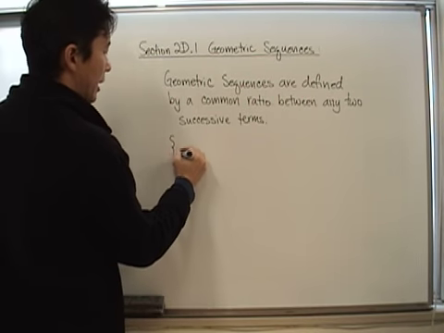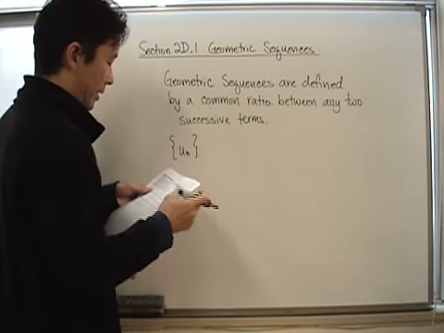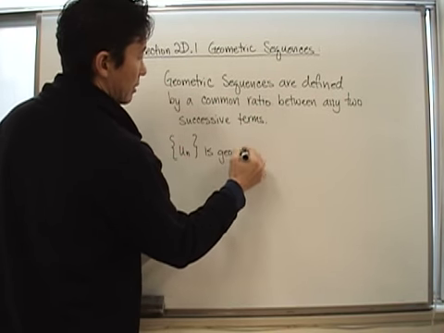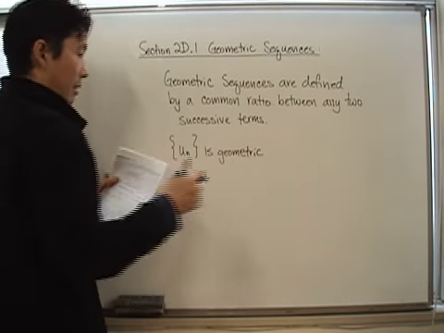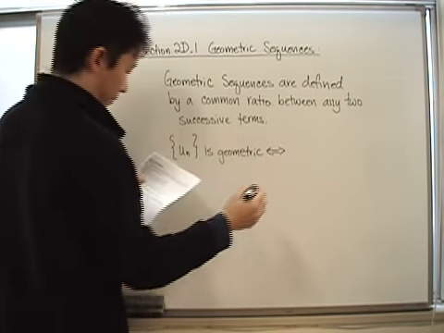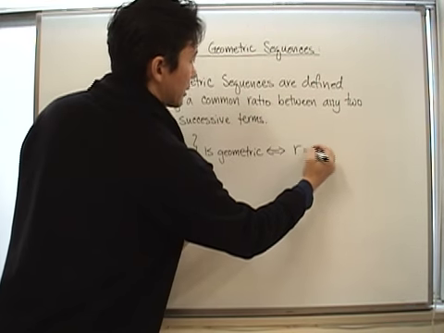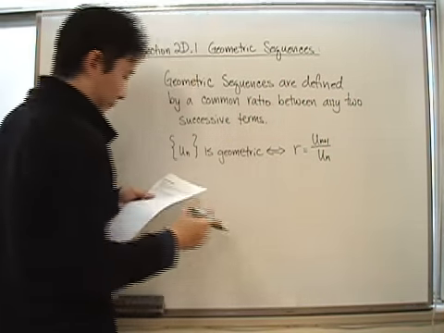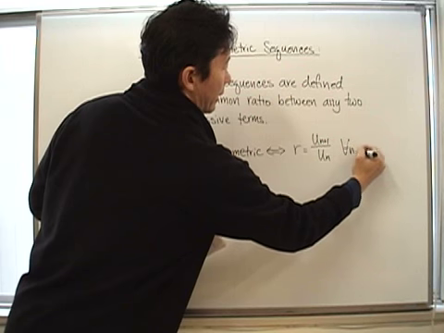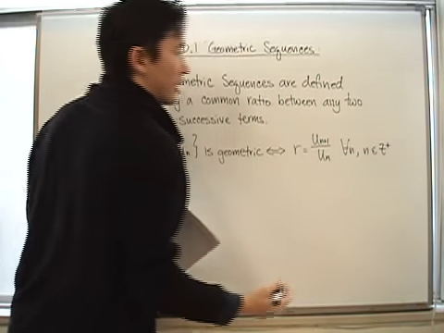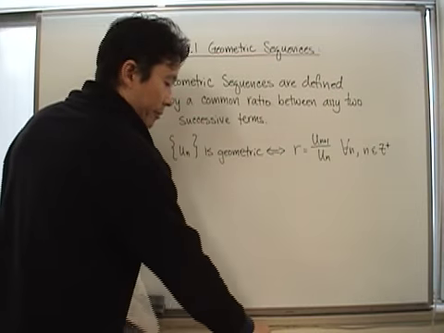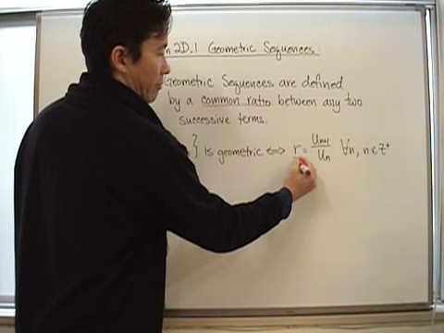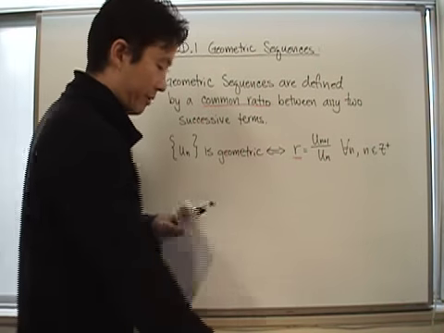We can say this: a sequence is geometric if and only if r is equal to u sub n plus 1 divided by u sub n for all n being a positive integer. Notice that what we're referring to here again is a common ratio, and that's the reason why we are using this r for the ratio.